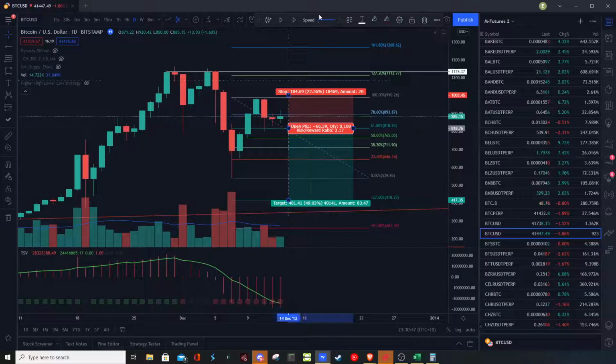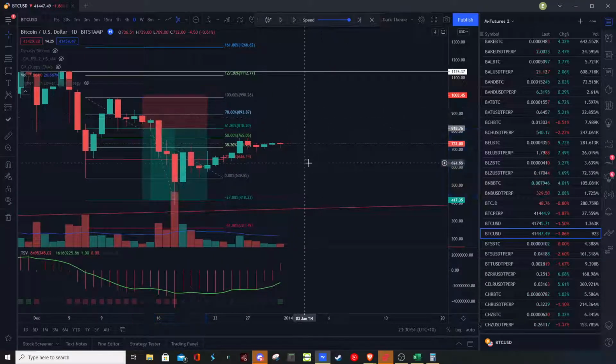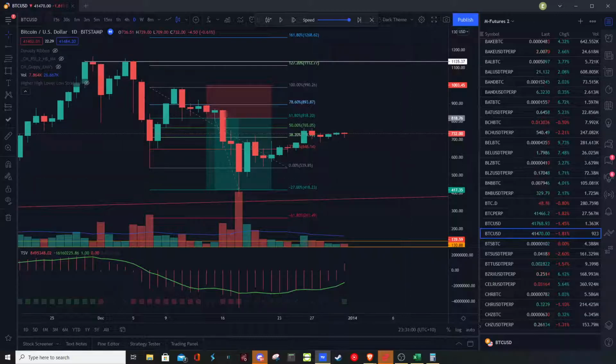Stop loss just above here, above this thing here. Alright, and there we go. So we're in at 61.8, out at our first take profit, just like that.